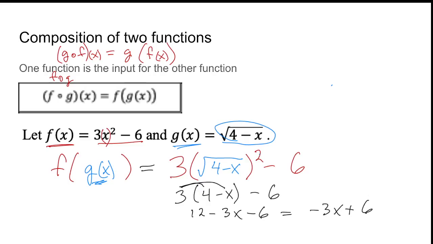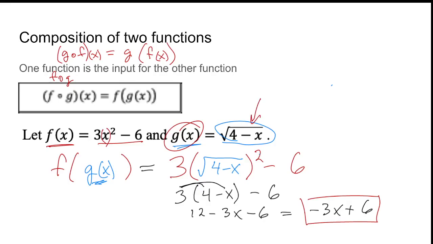Now we want to be careful here though, because it looks like, because of the answer we've arrived at, that our domain would be all real numbers, because we could plug any x value in here and we're just fine. But notice that the first input is g of x. Does anyone see any issues with this first function?